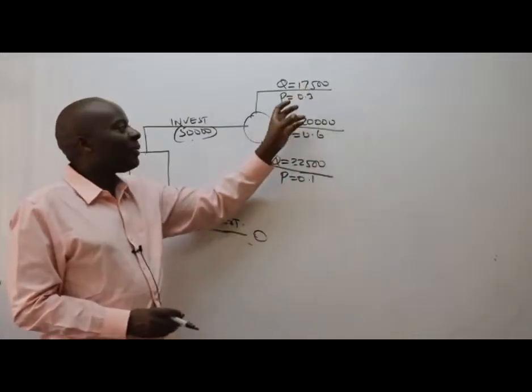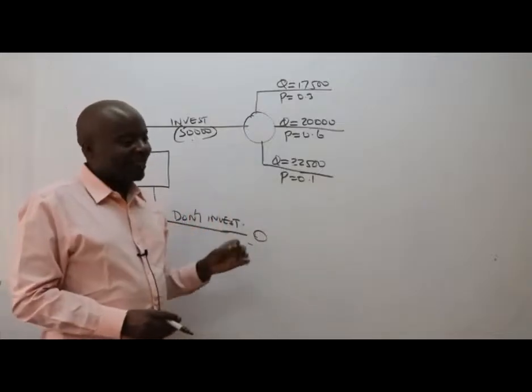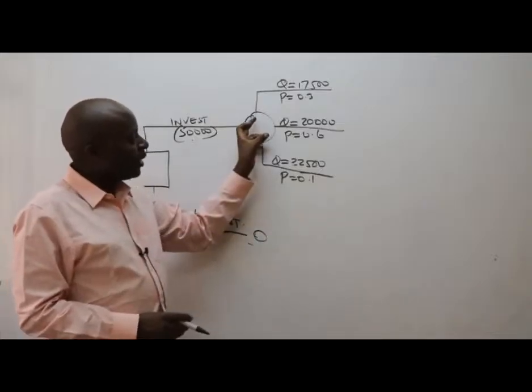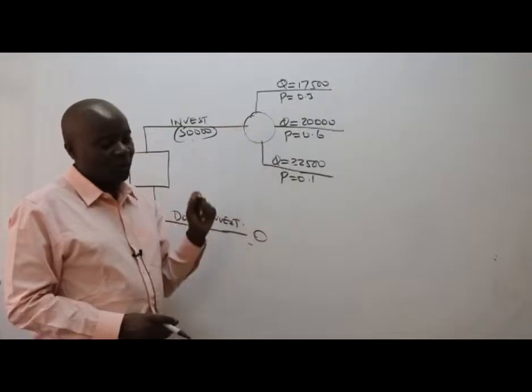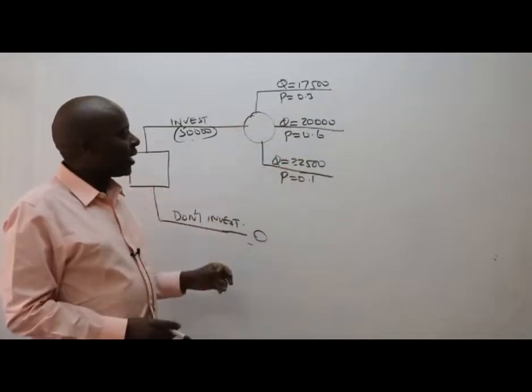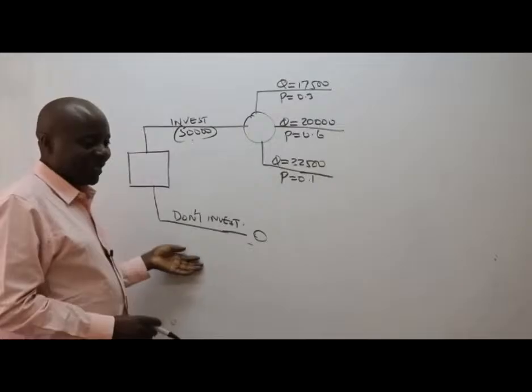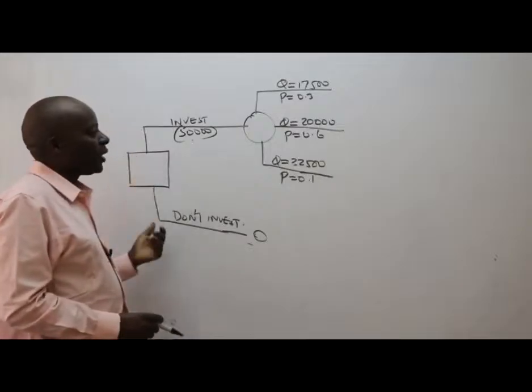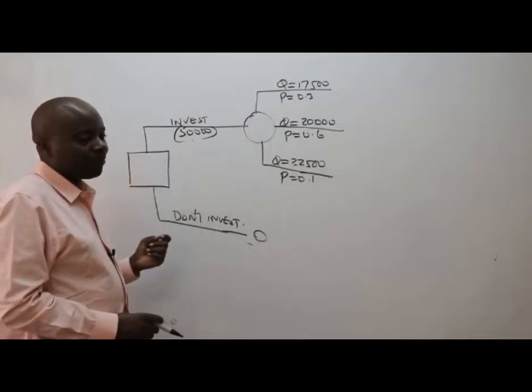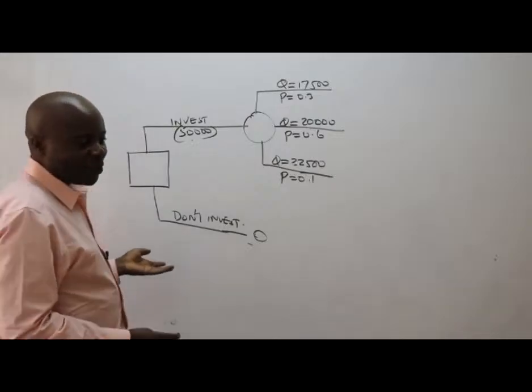And these things are probabilistic, and that is why we are capturing them from this circle. The two that we have here are not probabilistic. They can only come from a box like that. And that is the end of my decision tree.